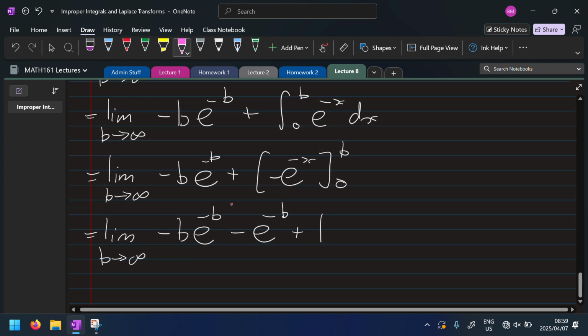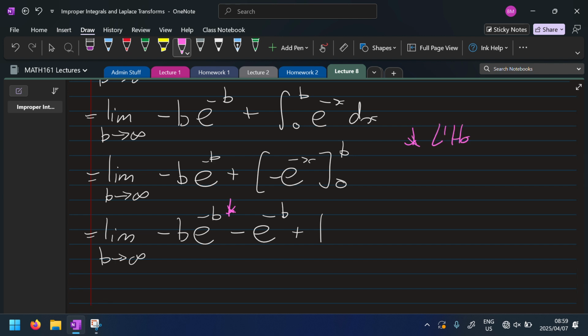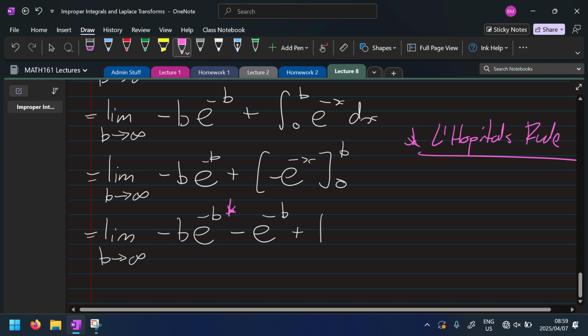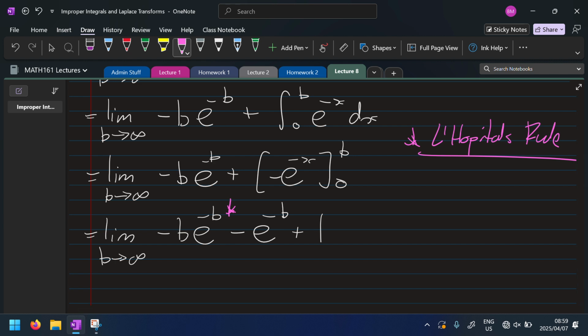Let's make a little star here, and we do that over here. So this is L'Hopital's rule. If you forgot L'Hopital's rule, please remind yourself very quickly right before you do the tutorial problems. When we're taking these limits, there's going to be lots of L'Hopital's rule going on. So please make sure you remind yourself of that.